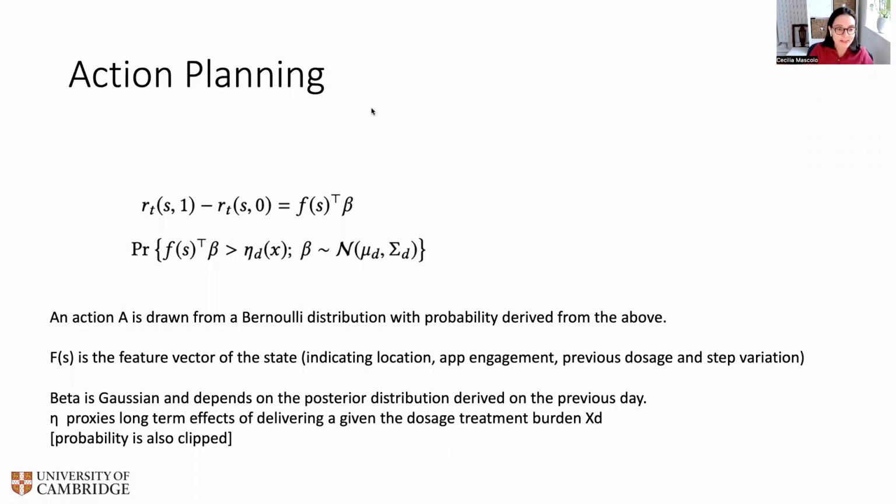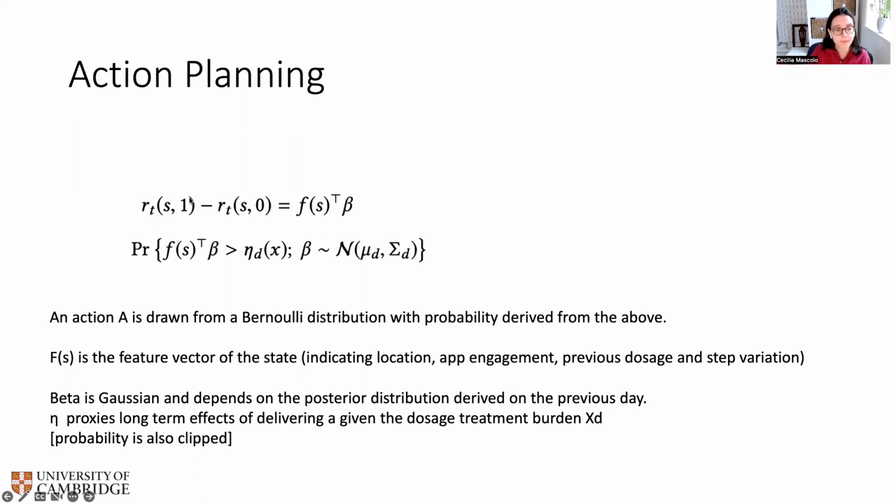So how is reinforcement learning applied to this system? I've taken a couple of formulas from the paper, which you see here, and I'll try to go through them to help you understand a little better.